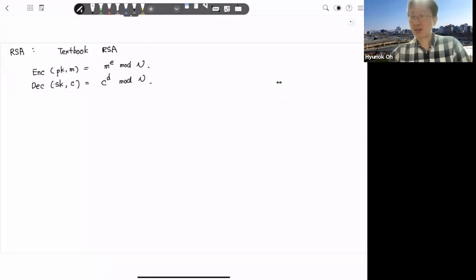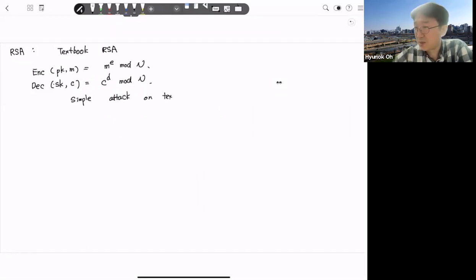Then, as I mentioned, this is not going to be secure, right? Because it's attackable. So let's look at how we attack textbook RSA. A simple attack on this textbook RSA. Okay.